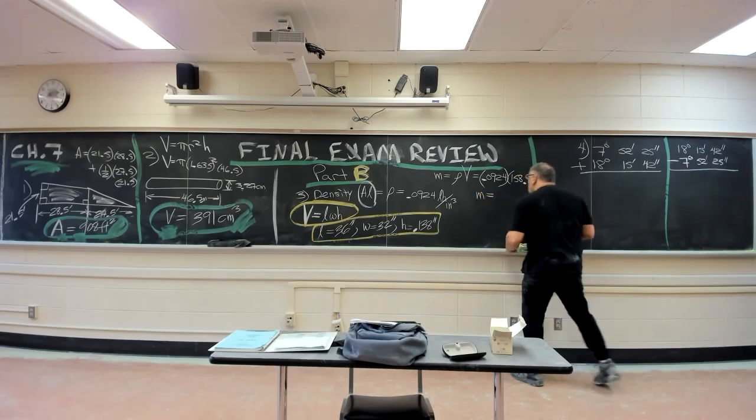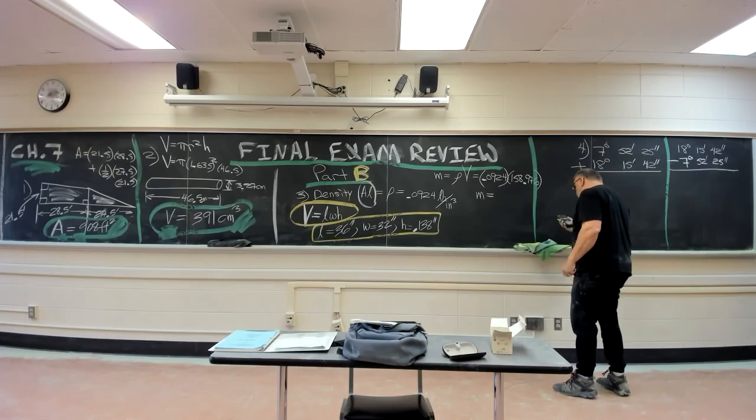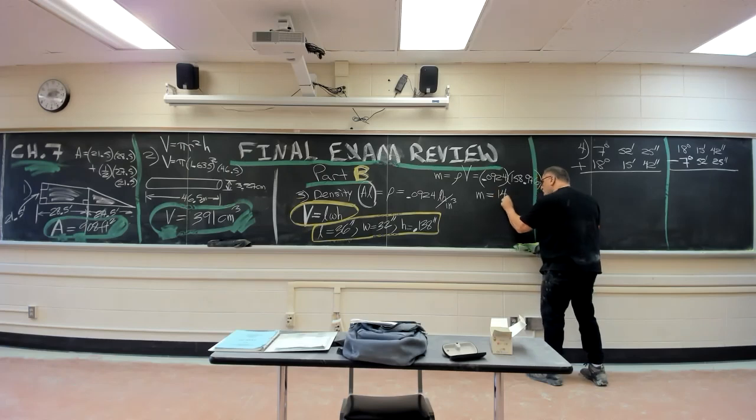Well, let's figure it out. 158.976, that's the volume, times the density, which is 0.0924, just what we have here, 14.6894 pounds.